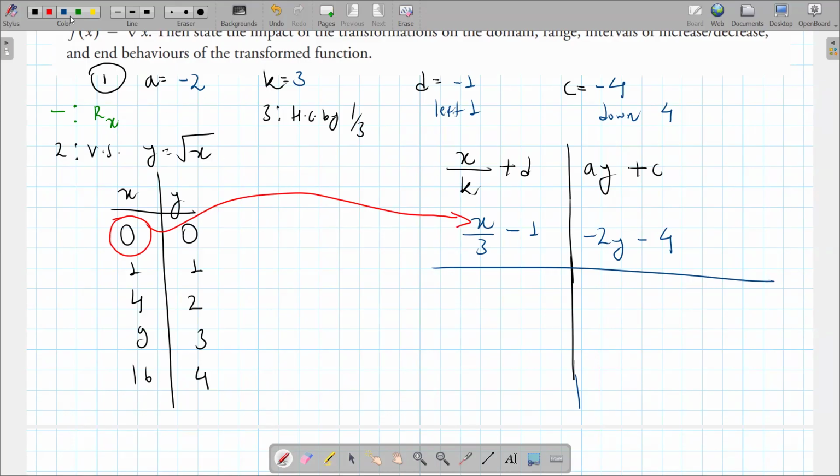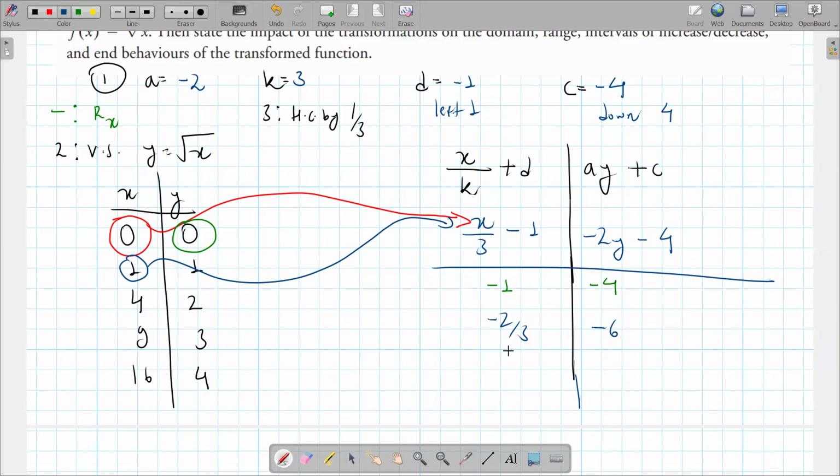So look at this. 0 over 3 is 0. Minus 1 is minus 1. And we're going to plug this 0 in here as y. So negative 2 times 0 is 0. Minus 4 is minus 4. So there you go. That's our first point. And then we rinse and repeat. Next, we're going to plug this 1 in here. So 1 over 3 minus 1 is negative 2/3. We're going to plug that 1 in there. Negative 6.